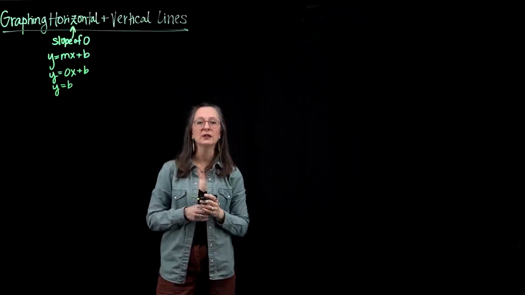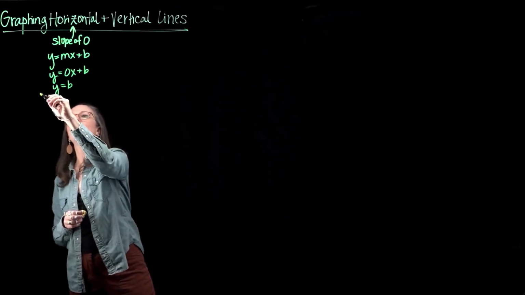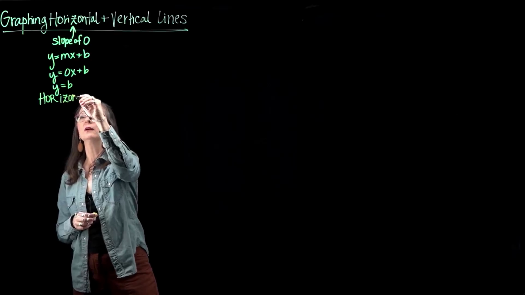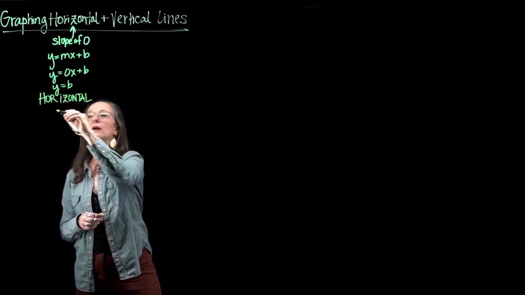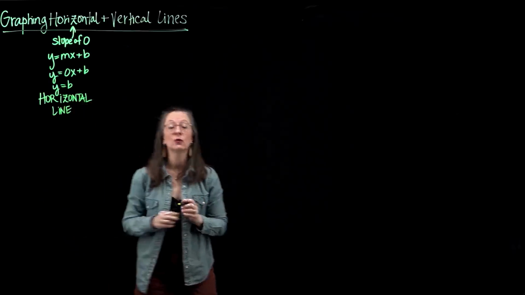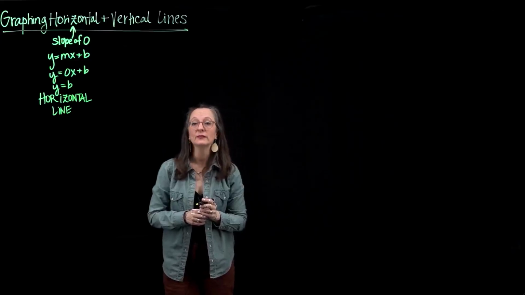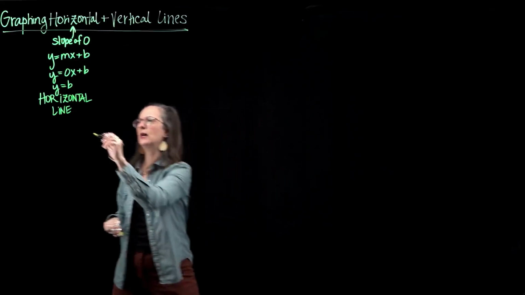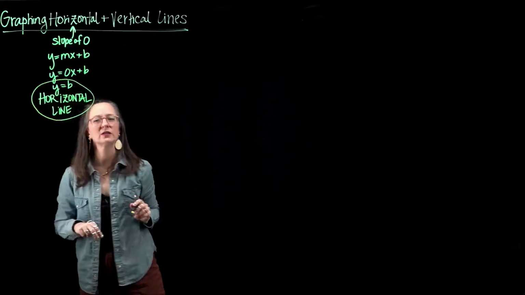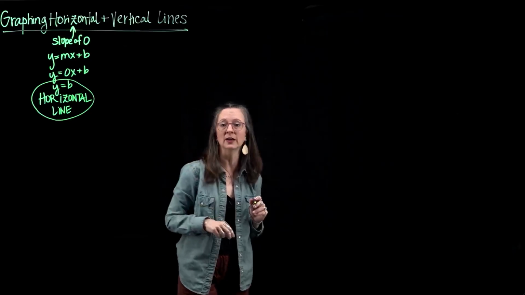So a horizontal line is going to look like y equals some number b, and that's going to be our horizontal line. Let me go ahead and circle it so we don't lose that. Also, did you know it's hard to spell horizontal while you're talking?